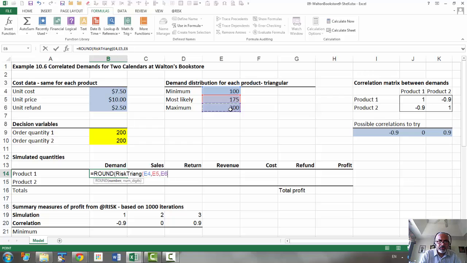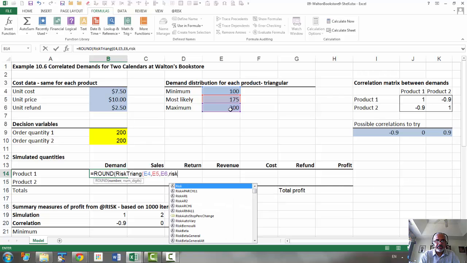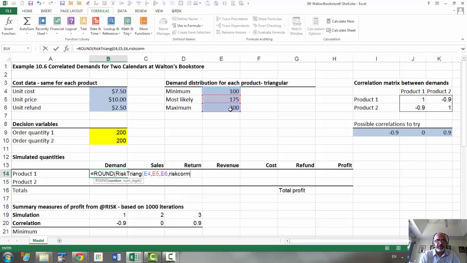Now we have to tag along with these 3 parameter values before we close the parenthesis, RiskCorrMat. Highlight the correlation matrix that we have there, and then we have to provide the product number. This is for the first product, so comma 1.